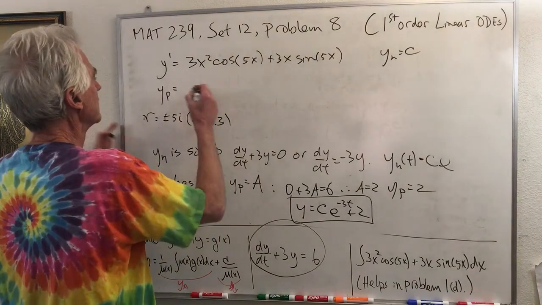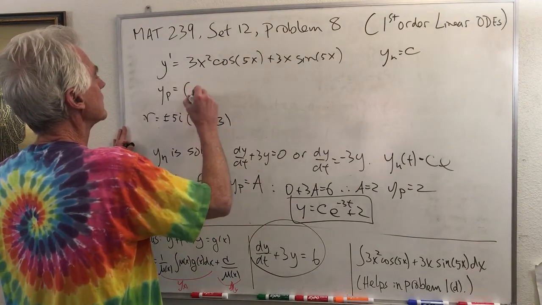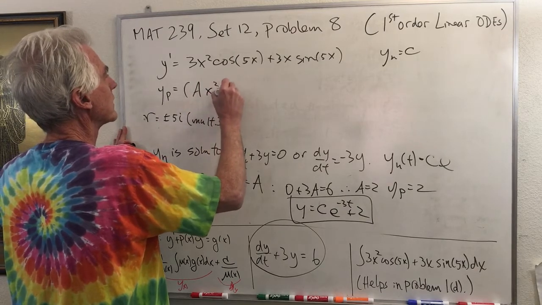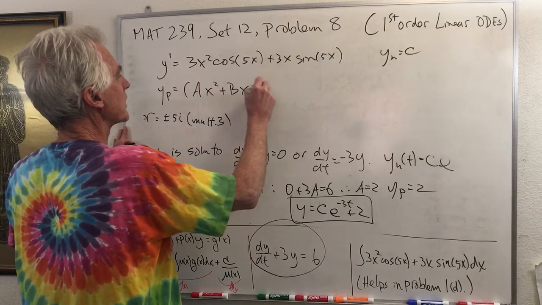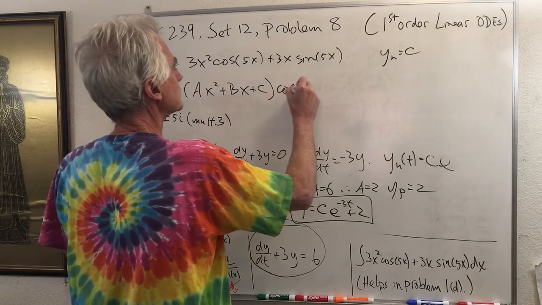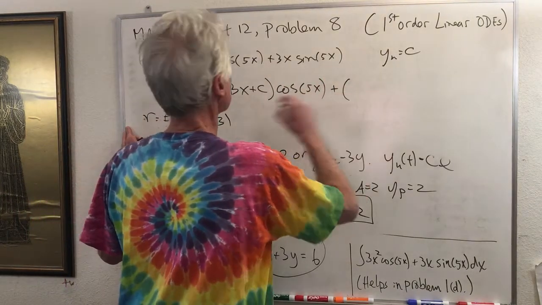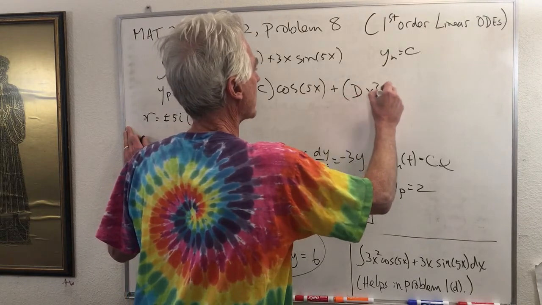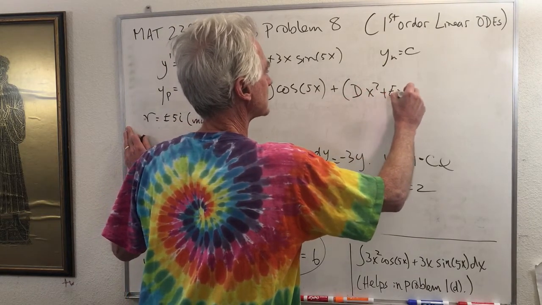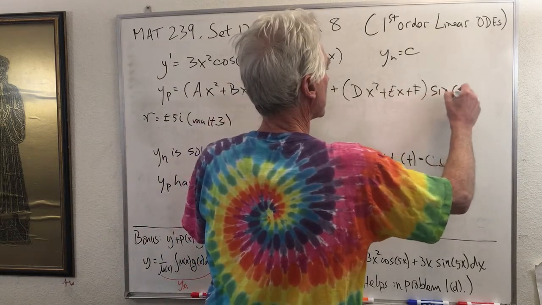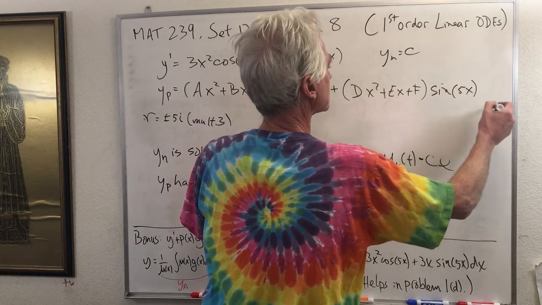I'm going to call them, what's it going to be? Well, I'm going to get ax squared plus bx plus c, all times cos 5x, plus dx squared plus ex plus f, times sine 5x.